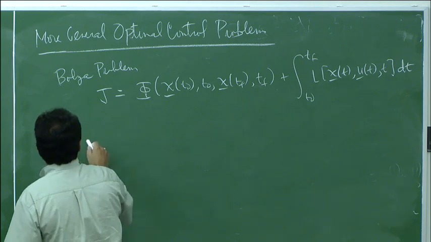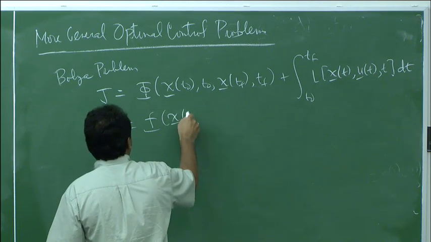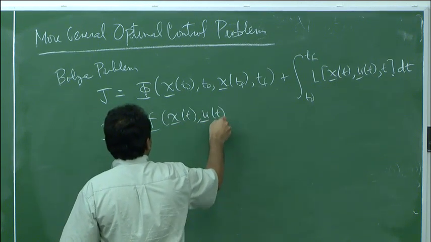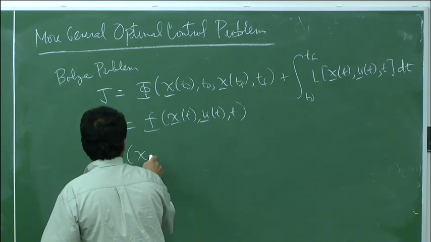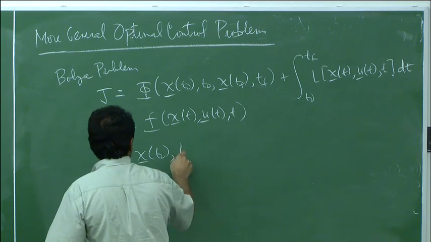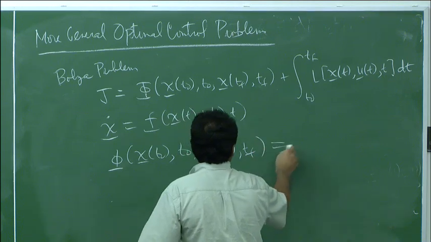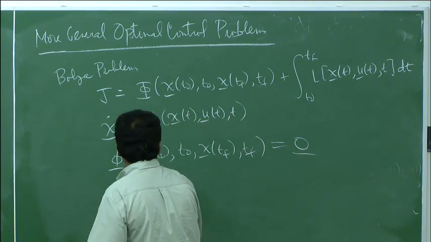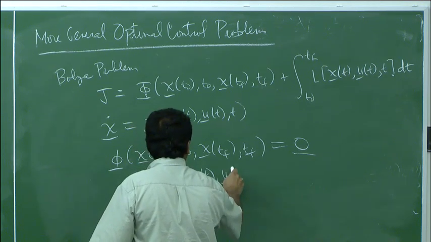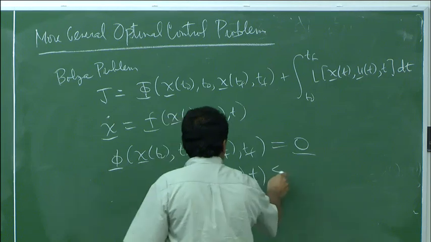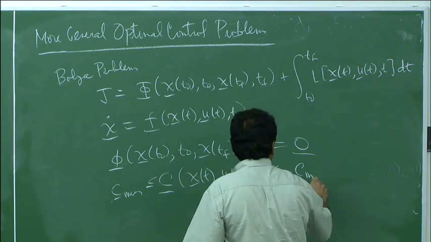And the dynamics were x dot is equal to f of x of t, u of t, and t. And then we had boundary conditions, phi, which is a function of x of t0, x of tf, and tf, which were equal to 0. And then we might have some path constraints, which were c of x of t, u of t, and t between some c min and c max.